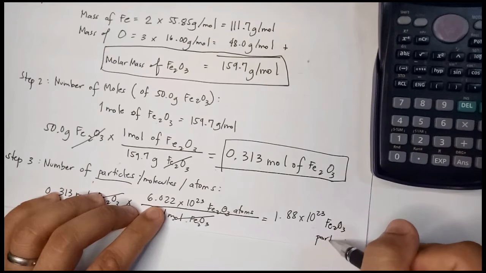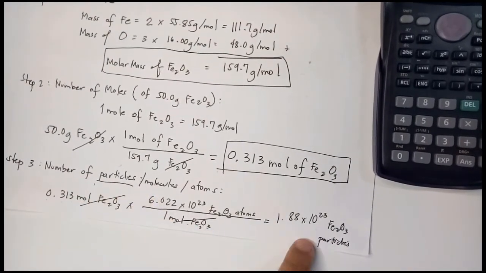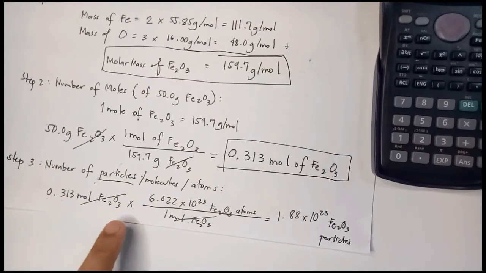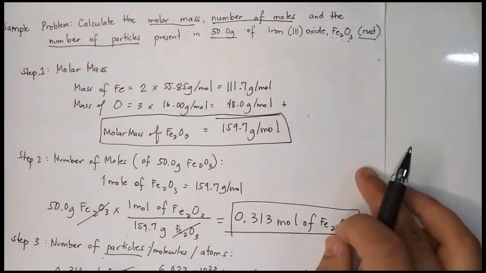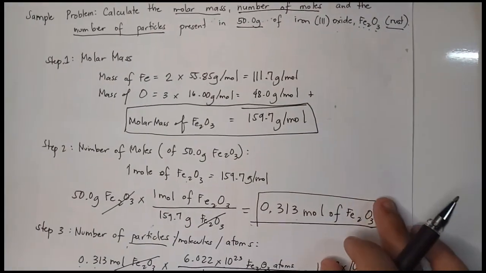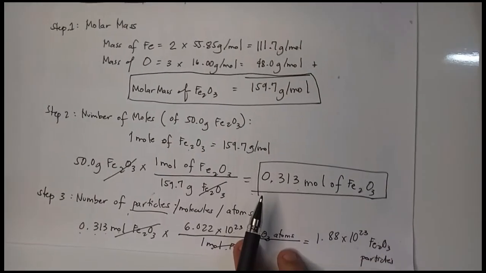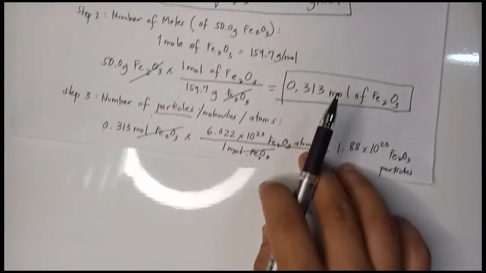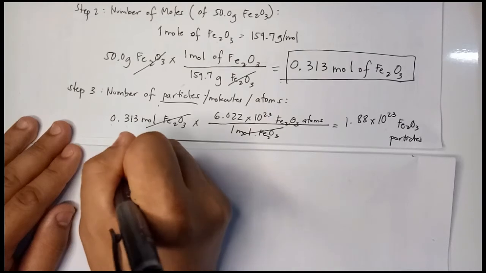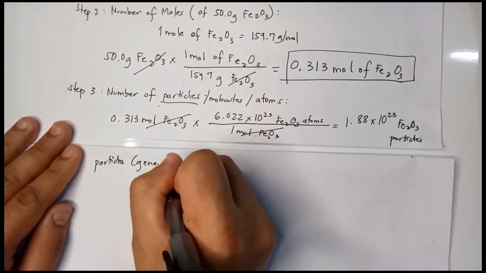Pero pag hinahanap ay number of molecules, ganito din. Number of atoms, ganito din. So, that's it. Kung paano natin siya kukumputin. Lagi natin tatandaan, kailan ba natin gagamitin? Pwede tayong gumamit ng particles, ito general ginagamit.